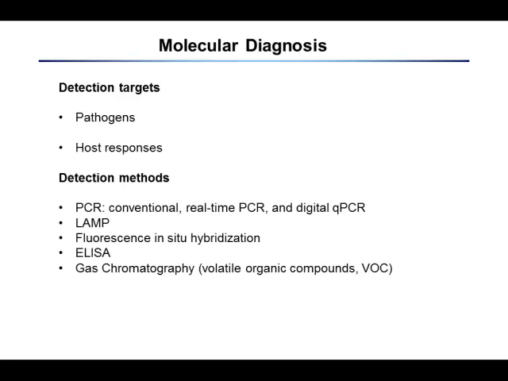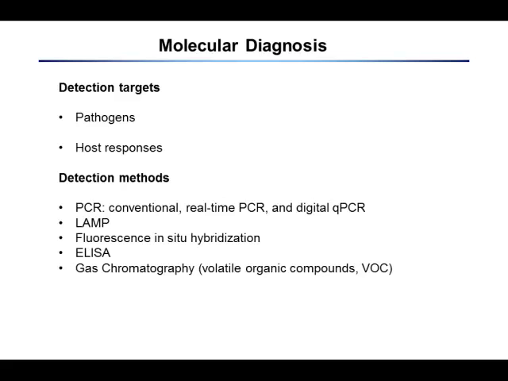In terms of detection, the most widely used is PCR, which amplifies DNA. Starting from the invention of the PCR machine, there was conventional gel-based PCR, then real-time PCR, and more recently digital PCR.